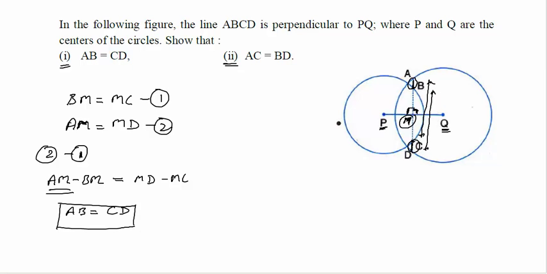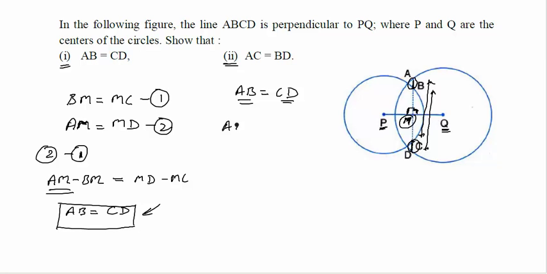So this should not be a problem at all, because we already know that AB is equal to CD. We have already shown this in the previous part, right? So we can use it in the second part. We already know that AB is equal to CD. So if I add BC on both sides, that should not cause any problem in the equality, right?